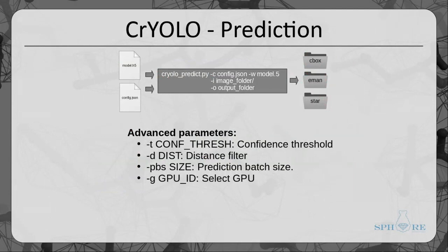The next option is the prediction batch size. This basically specifies how many images are used in parallel. Default is 3, and at least on our machines, I cannot see any performance gain if you increase this number. So stick to 3, it's fine. And again, you can select which GPU you want to use for prediction.